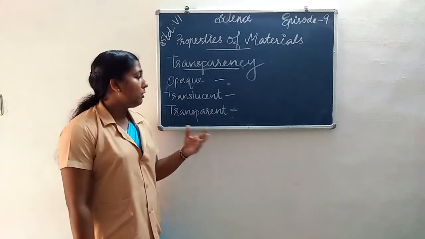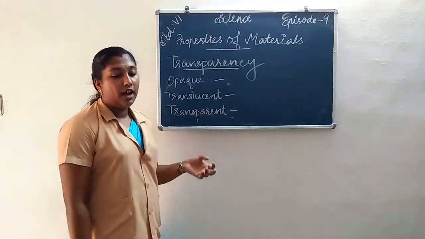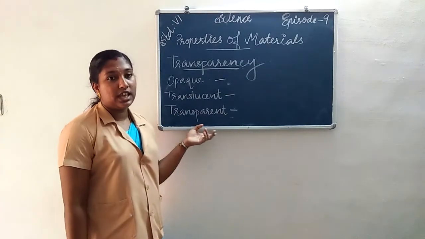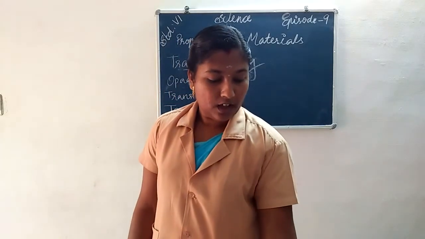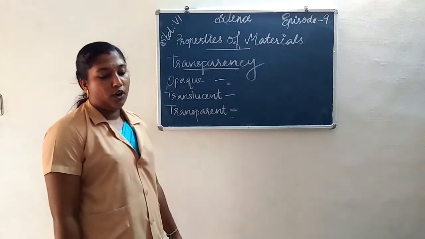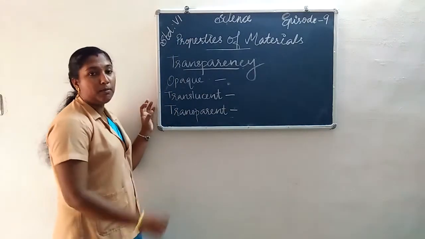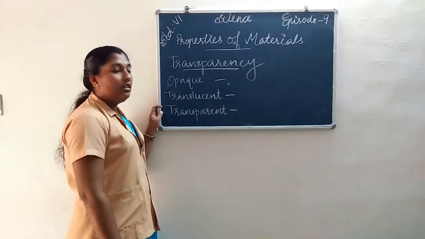The opaque materials are the materials through which we are not able to see. Materials through which we are not able to see from one side to another are called opaque objects.